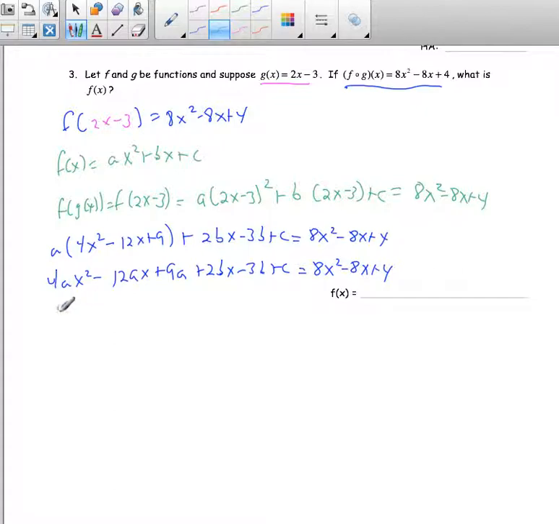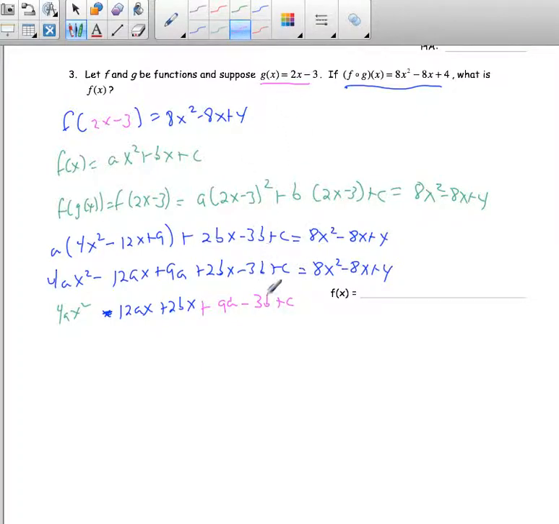So I'm going to have 4ax squared. Then I'm going to group the linear terms, so I've got negative 12ax plus 2bx. And then the constant terms, so I have plus 9a minus 3b plus c.